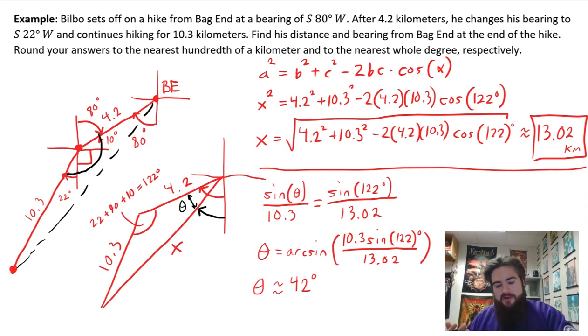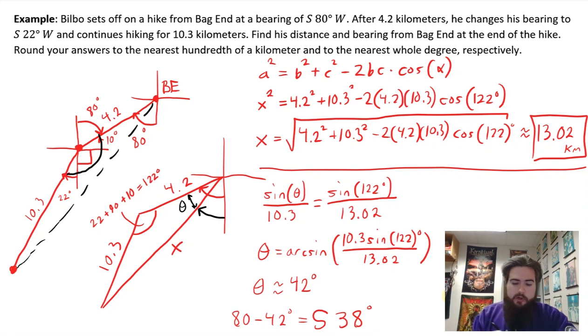Meaning that my bearing then would be if I took that 42 away from the original rotation of 80 degrees. So if I do 80 minus 42, which gives me 38, I can now say my bearing from south is from south turn 38 degrees towards west. And that would be my bearing.